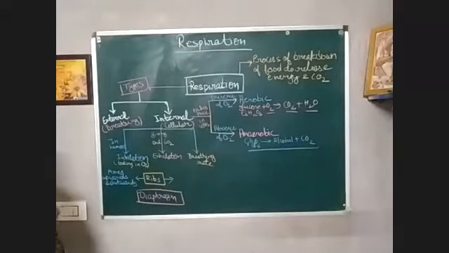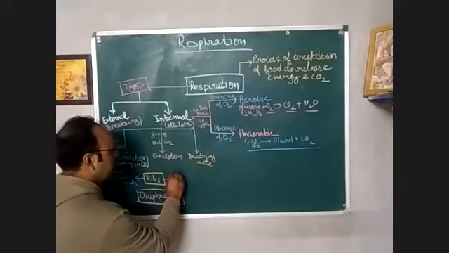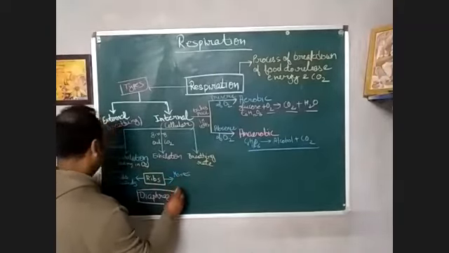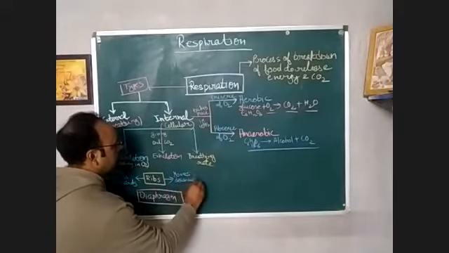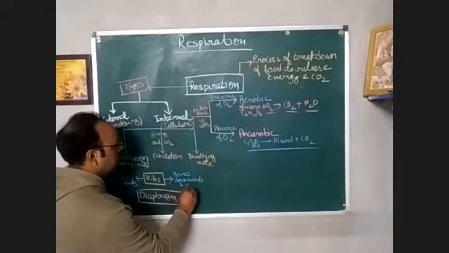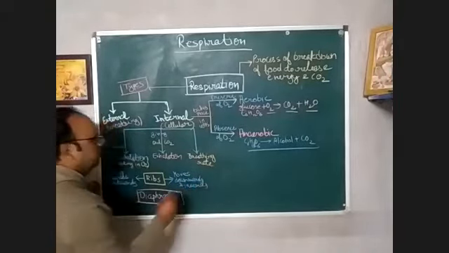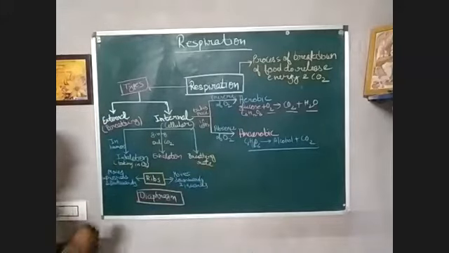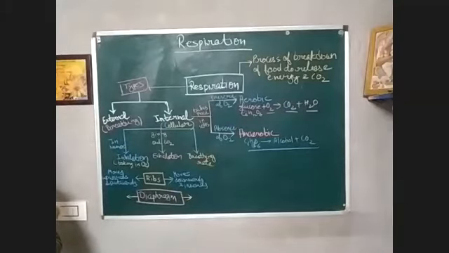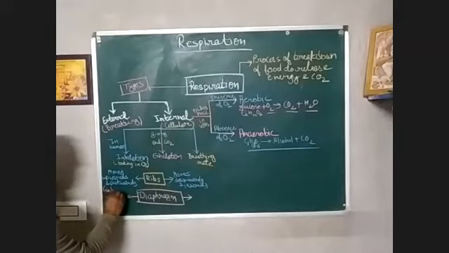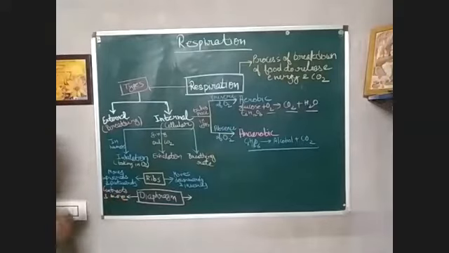On the other side, during exhalation, they move downwards and inwards. That is about the movement of ribs. Now, if we talk about the movement of the diaphragm, during inhalation the diaphragm contracts and moves downwards.